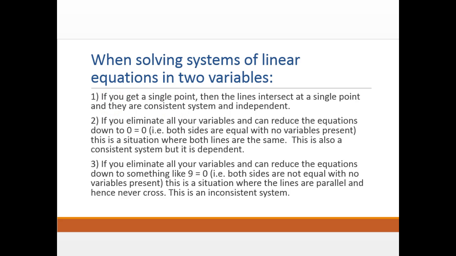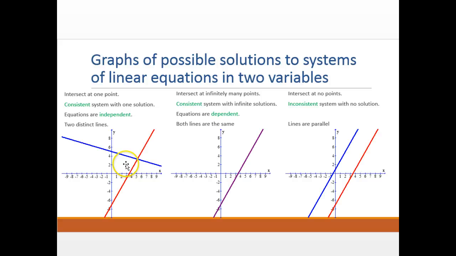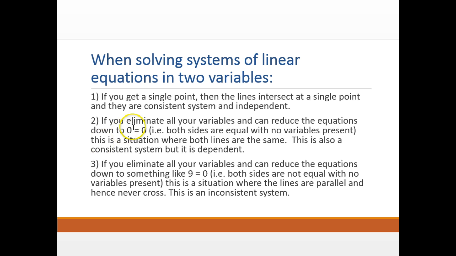In other words, we had the situation back like we had up here. Consistent system, independent. Two distinct lines. However, if we do our elimination or our substitution methods and we're reduced to a situation where we get 0 equals 0, in other words, both sides are equal and there are no variables present, this is a consistent system, but it's dependent.